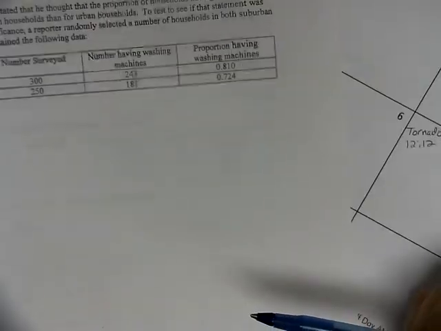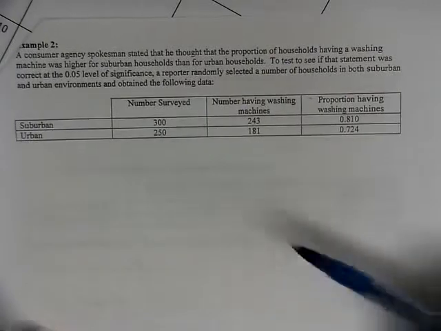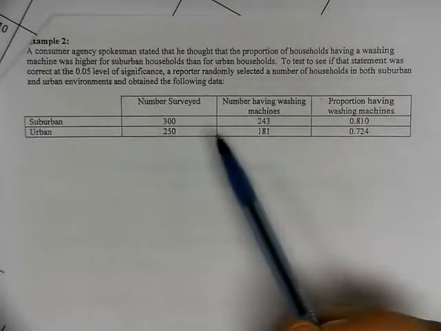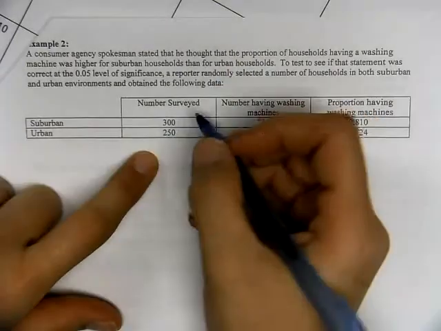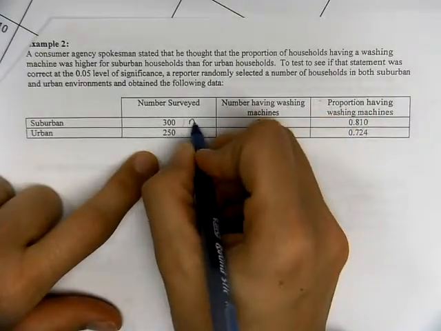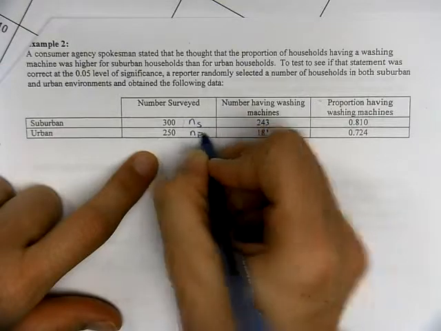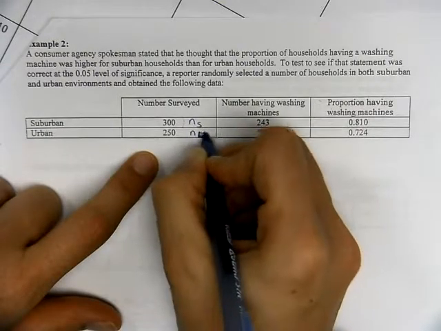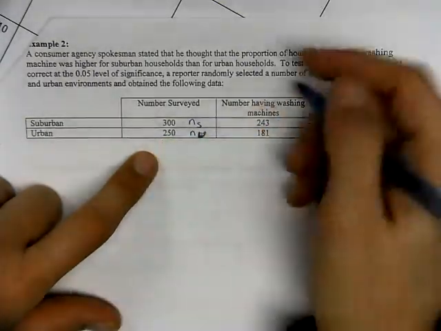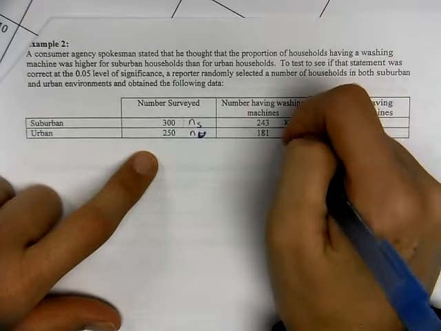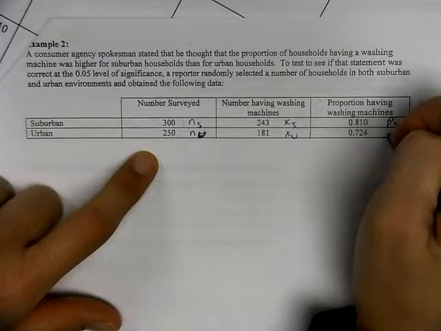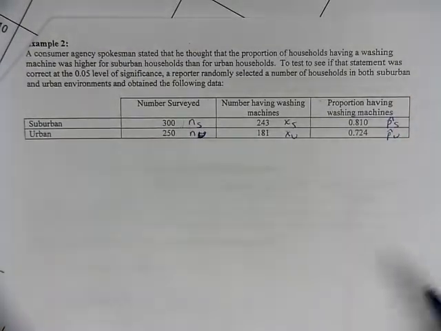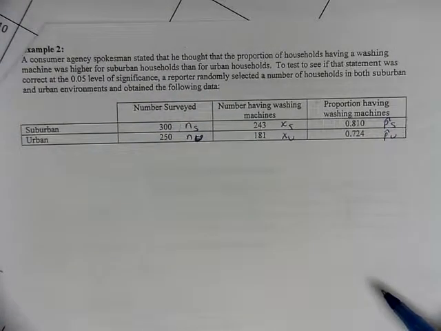Okay. Want to try one more? Sure. This one's nice because it has both, and we're going to go NS, NF, or U. It has both the sample sizes, the X's, and the p-hats. So sometimes I give you all three.